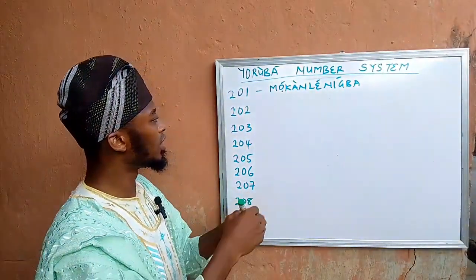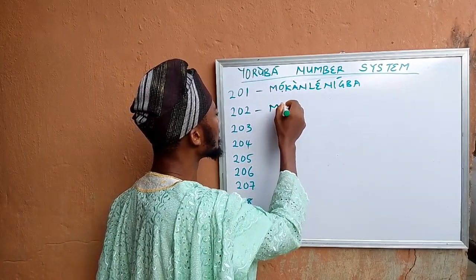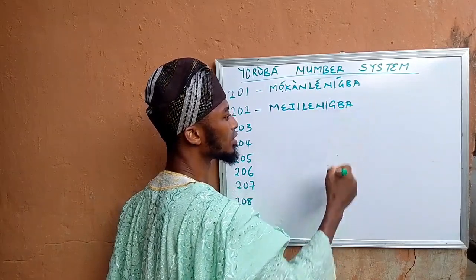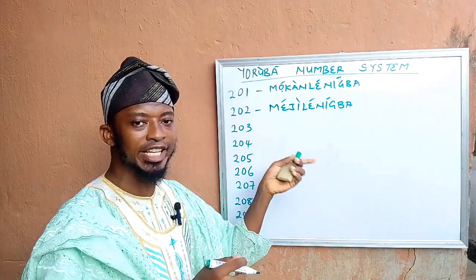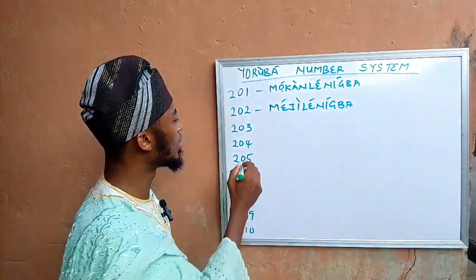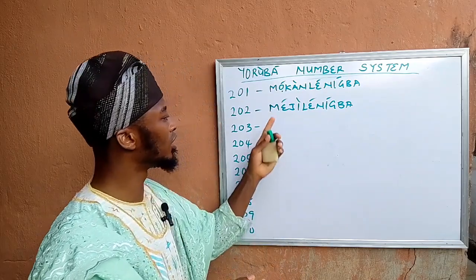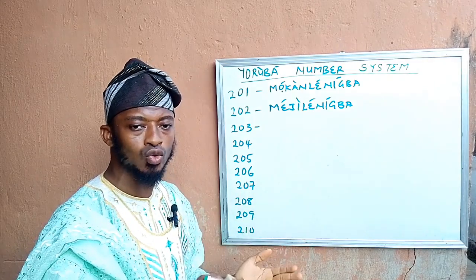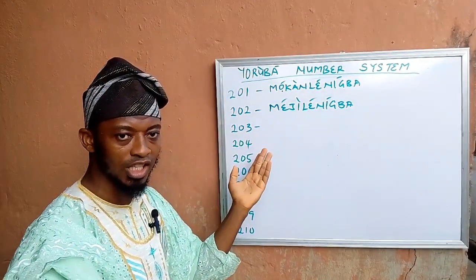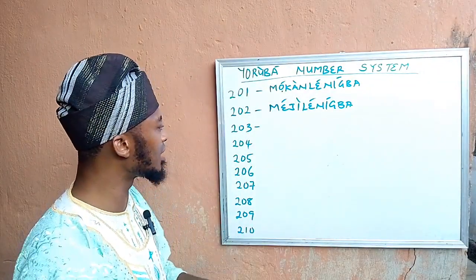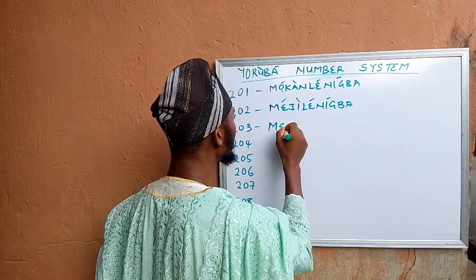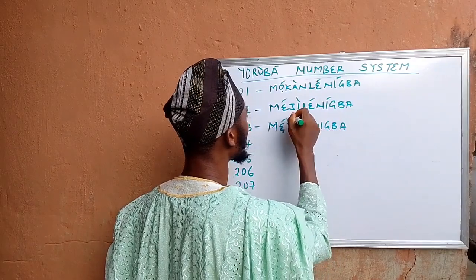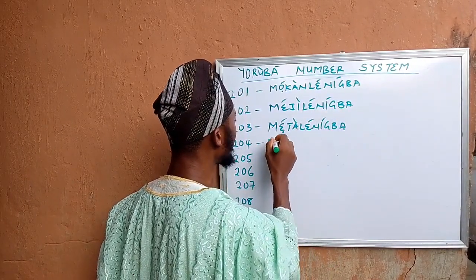Then 202 is méjìlénígba. Now, from here it becomes easy, right? Once you know your numbers 1 to 10 and you know your number 200, we are just going to do practically the same thing. So 203 is mẹ́tàlénígba. Then what is 204?